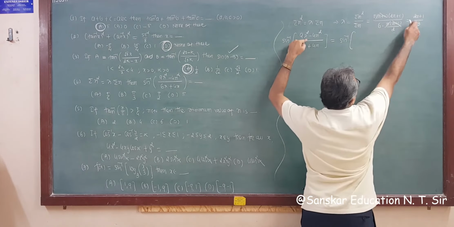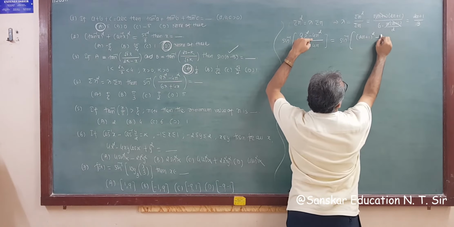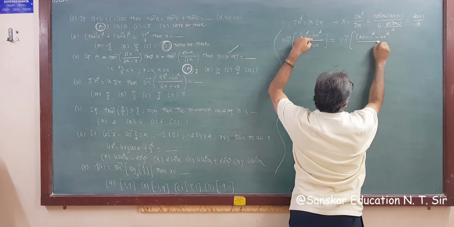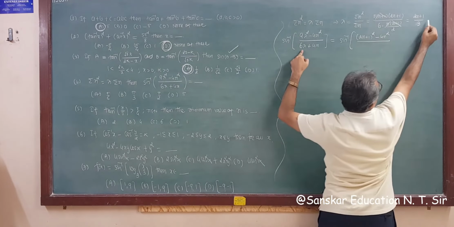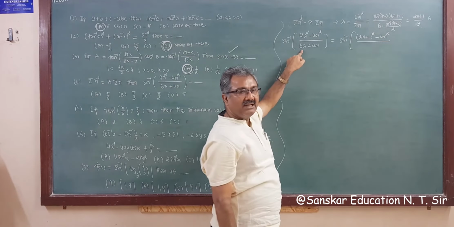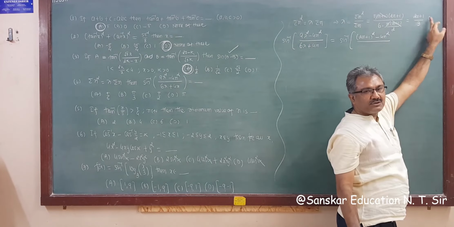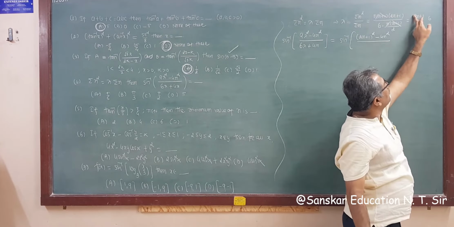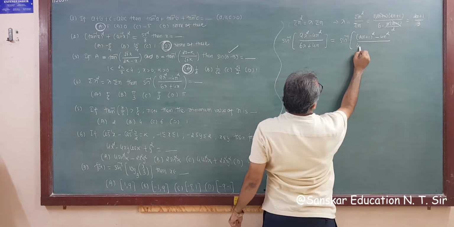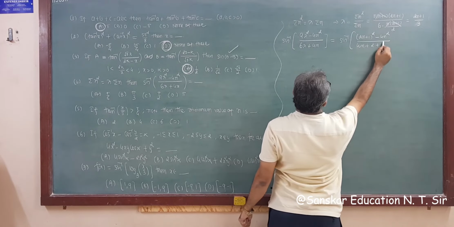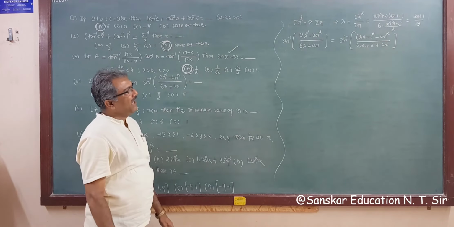So lambda square, that is twice n plus 1 whole square, minus 4n square, whole upon 6 lambda. 6 lambda means we have to multiply by 6. So 3 into 3, and this is 6, so this is 2. So multiply by 2. What we get? 4n plus 2, so upon 4n plus 2 plus 4n.